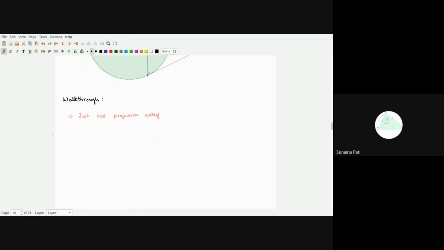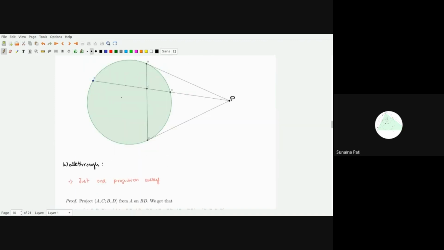This was the proof which Anurag said. We already proved by the previous problem that ABCD is harmonic.